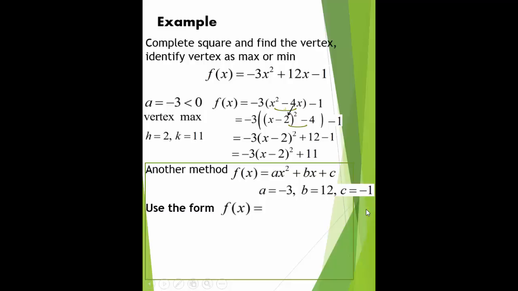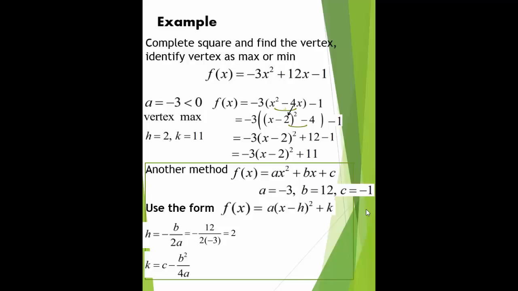Our next step is to use the form f of x equals a times x minus h squared plus k. You find your h, negative b over 2a. Use the values you have found already. So your b is 12, a is negative 3, so when you simplify you get h equals 2.